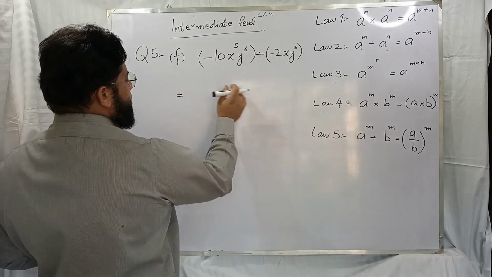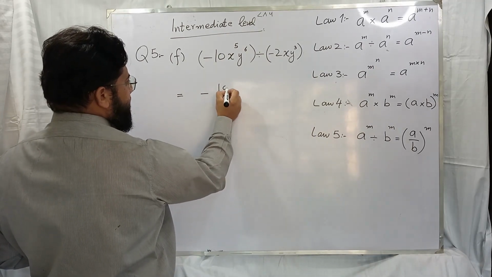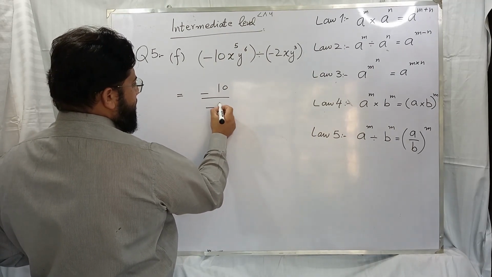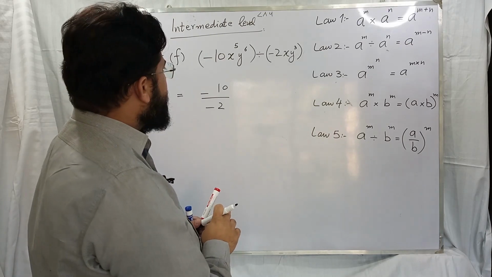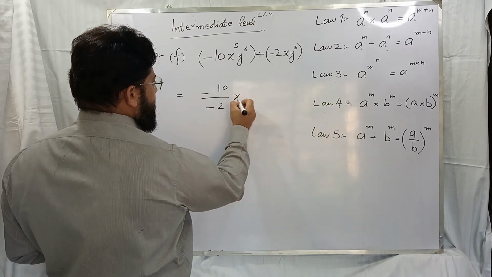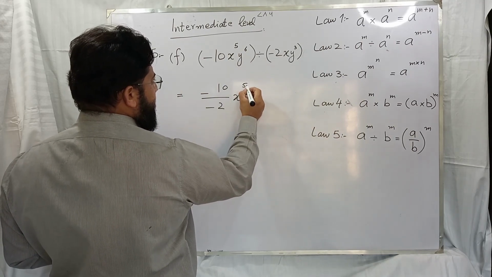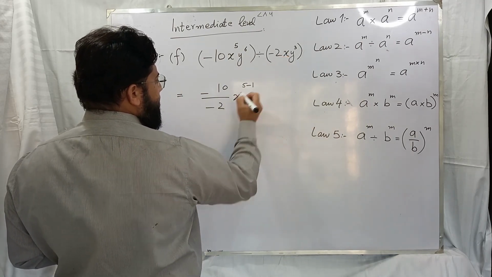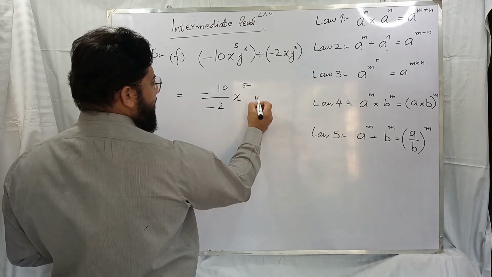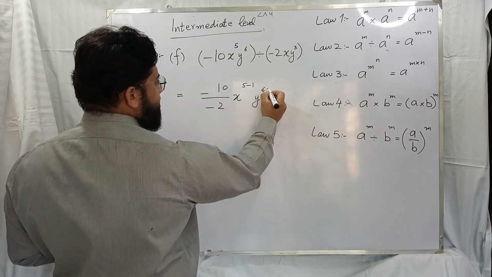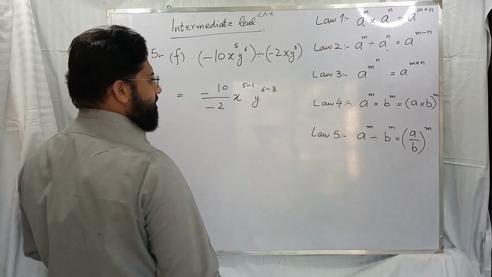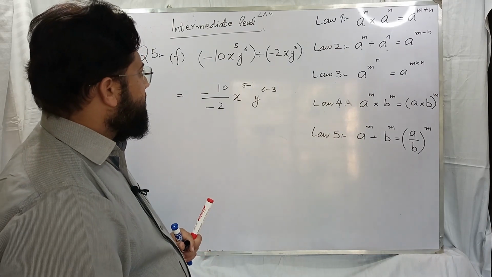So minus 10 divided by minus 2, okay, x to the power 5 minus 1, y to the power 6 minus 3, right?